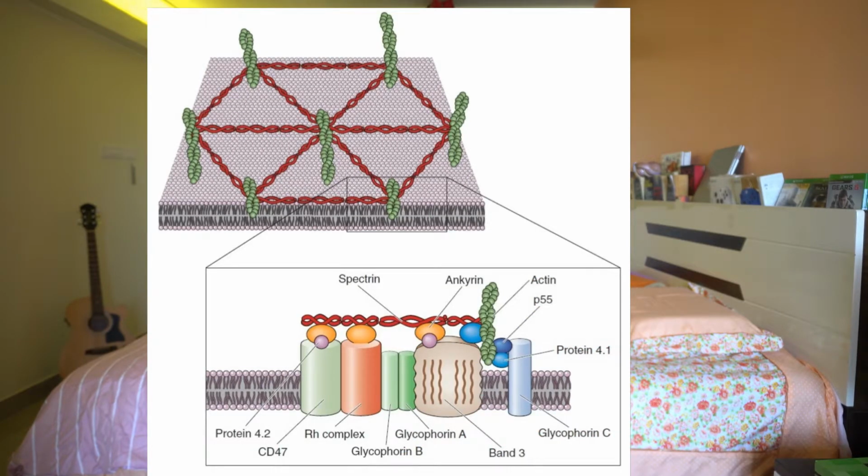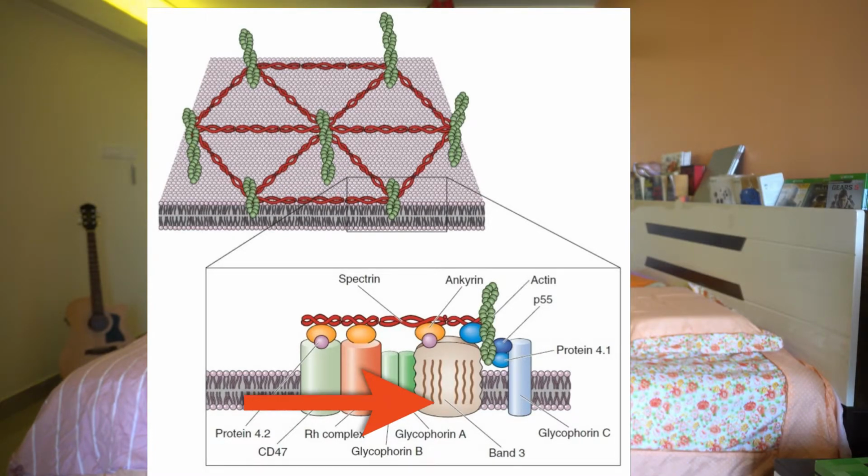Now let's take a look at other submembranous cytoskeletal structures. Take a look at RBC for example. RBC has something called spectrin. It's a submembranous cytoskeletal structure, and this again is attached to actin. But the spectrin now should attach itself to an integral protein in the membrane called band 3.